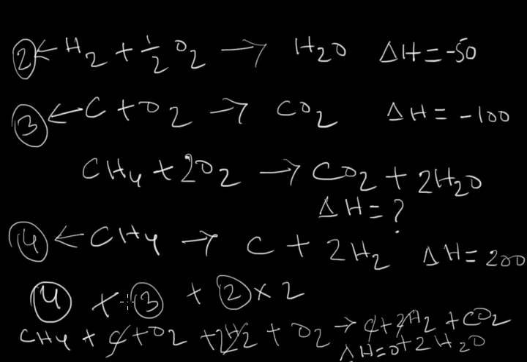Equation 4 plus equation 3 plus 2 into equation 2, and we get CH4 on the left hand side plus 2 moles of oxygen arrow CO2 plus 2H2O, and delta H is 0, because in equation 4 delta H is 200, in equation 3 it is minus 100, and in equation 2 it is minus 50. Minus 50 multiplied by 2 is minus 100, so the value becomes 0.